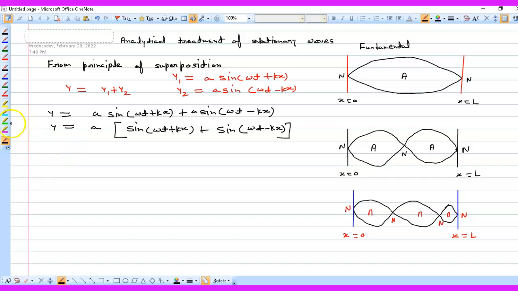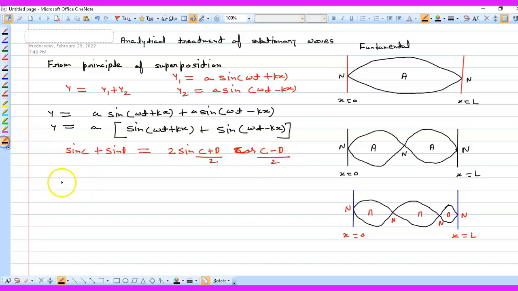We use the trigonometric formula: sine C plus sine D is equal to 2 sine((C plus D) upon 2) into cos((C minus D) upon 2).